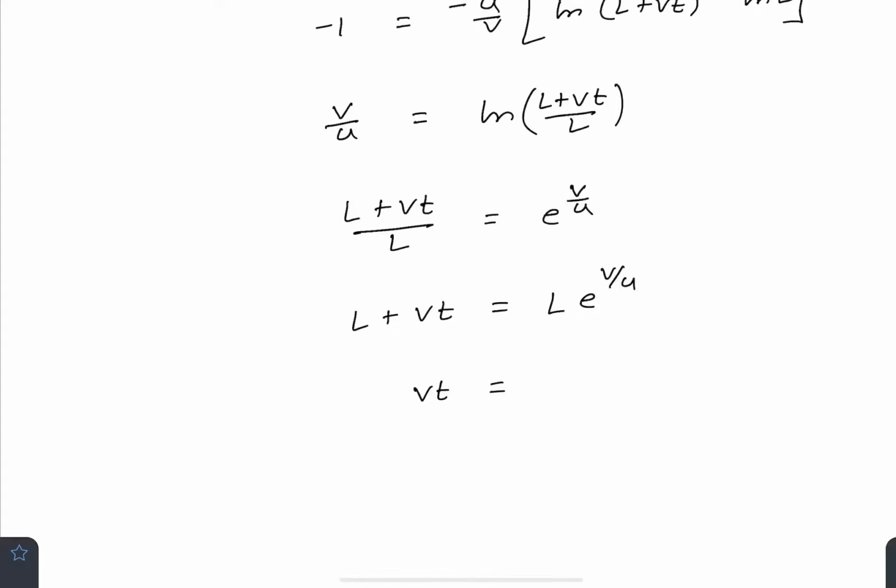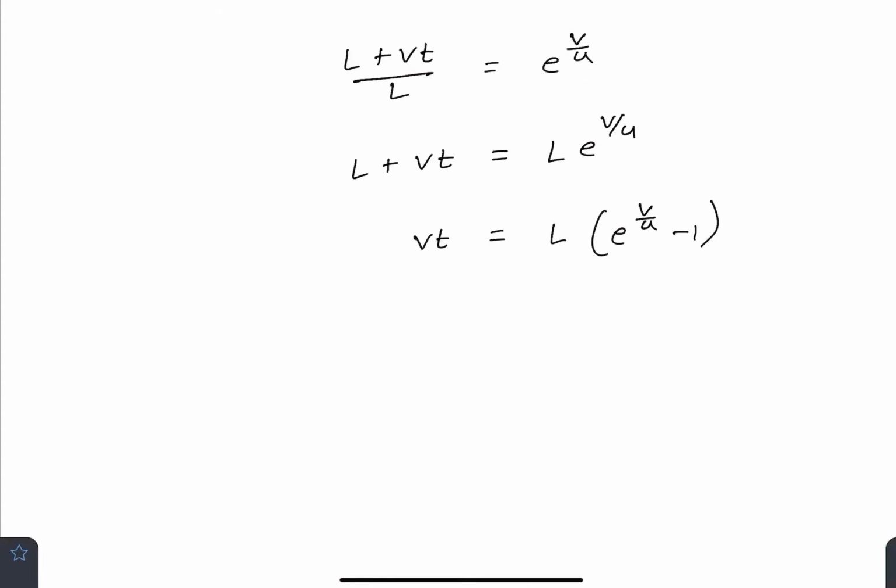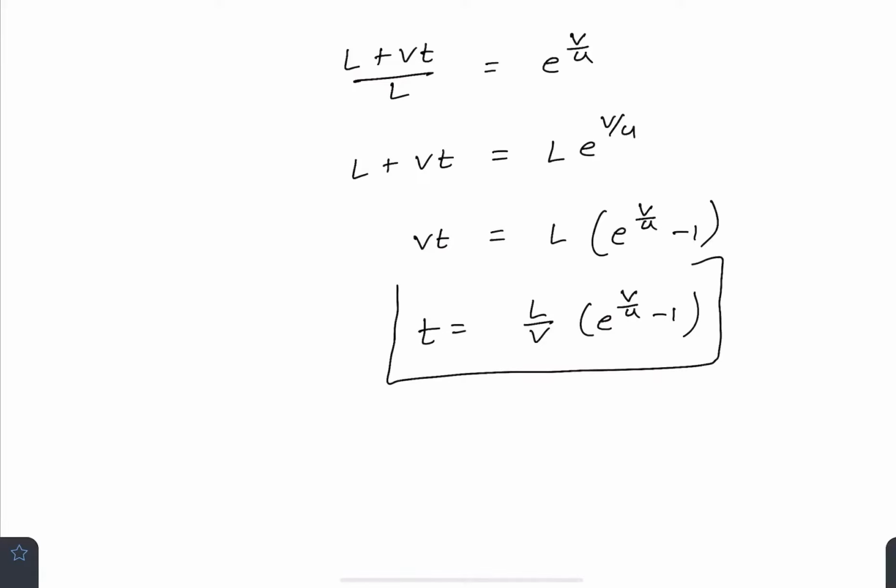Vt would be L times (e raised to v by u minus 1), or t would be L by v times (e raised to v by u minus 1). So this is the time taken by the ant to reach the left hand, means to reach the wall actually.